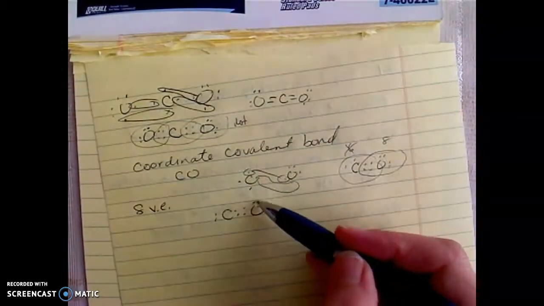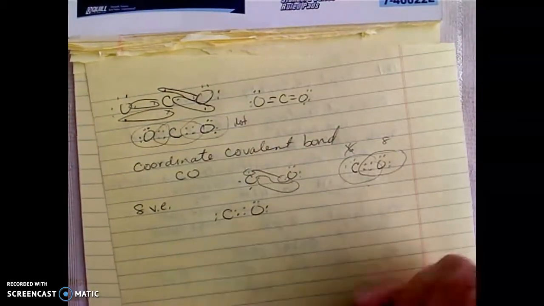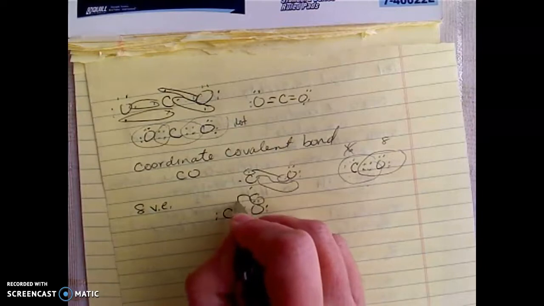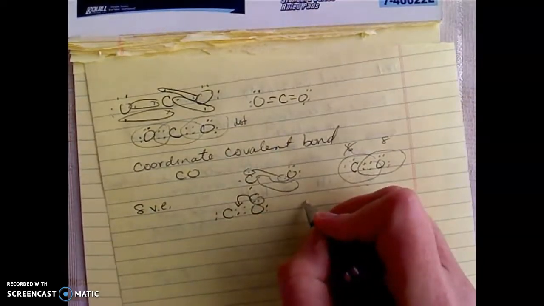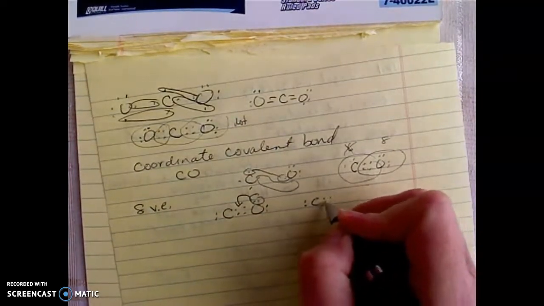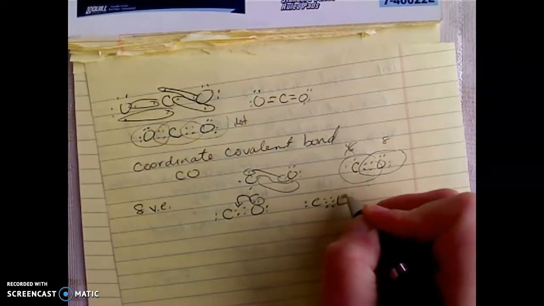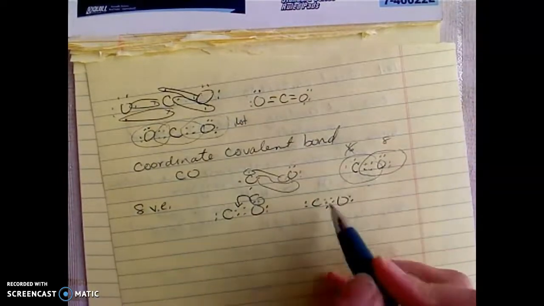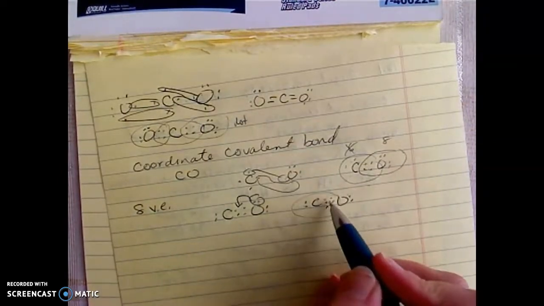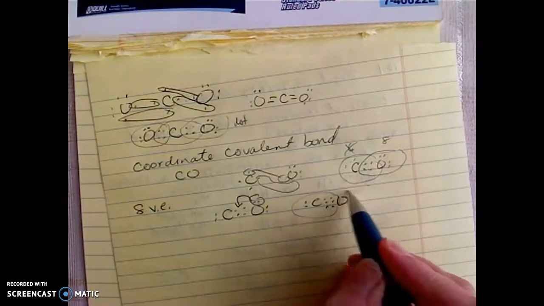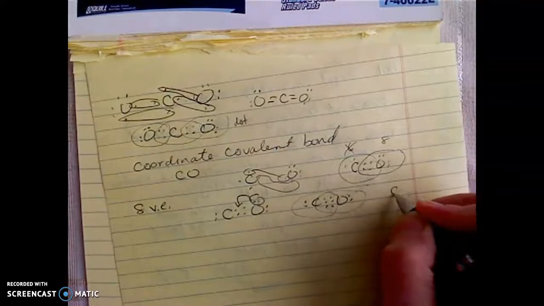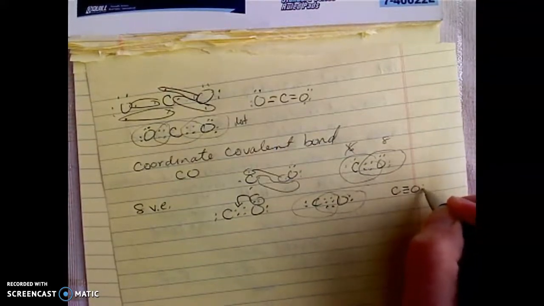So you look over at oxygen and it has 2 pairs that it's not doing anything with. So what's going to happen is this is going to come here, and our structure is now going to look like this, a triple bond. Now if we recount this, 2, 4, 6, 8, carbon now has 8, and when you look at this, 2, 4, 6, 8, oxygen still has 8. So we end up with a triple bond.